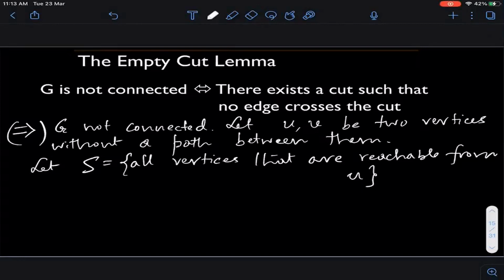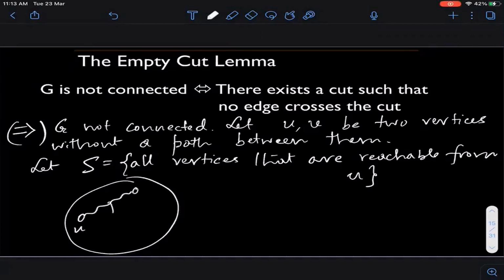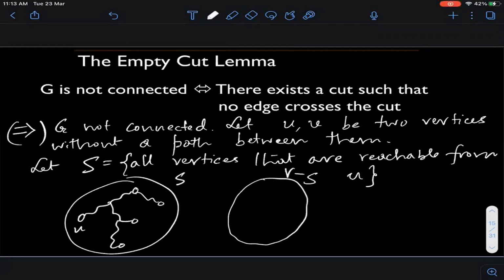ठीक है, तो वो कैसे होगा फिर? तो वो ऐसे दिखेगा. Suppose U is here. तो ये सब हम दिमाग में कर रहे हैं, ठीक है? तो everybody that is inside this thing has a path from U. Okay, तो ये हो गया हमारा S. और बाकी जो है, whatever, this is just V minus S. Whatever other vertices are in my graph, those I keep in V minus S. Okay, ठीक है? तो क्या किया हमने?